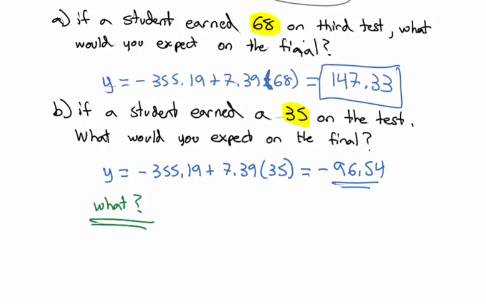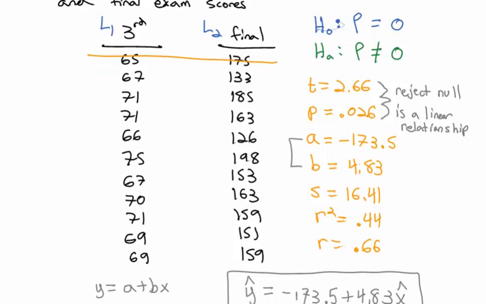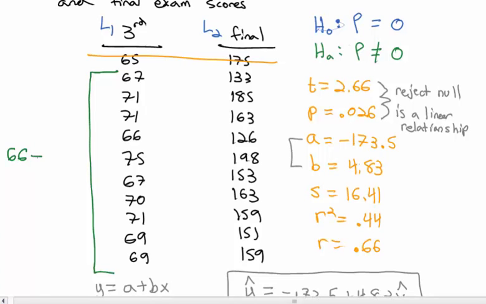Here's something interesting about linear regression. Going all the way back up to my data, notice my numbers. What's the smallest number in there? It's 66, not counting the outlier, and it goes all the way up to 75.